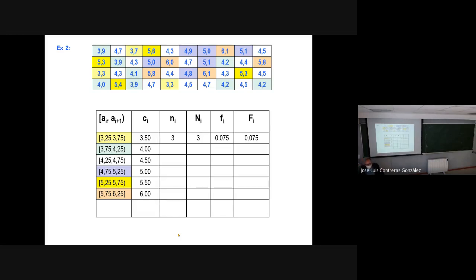Okay, it's just counting, but I think it helps to fix the ideas.